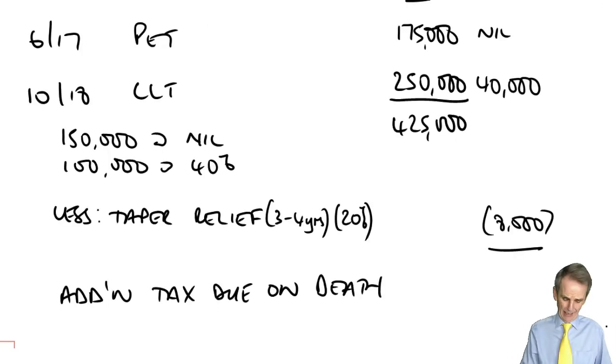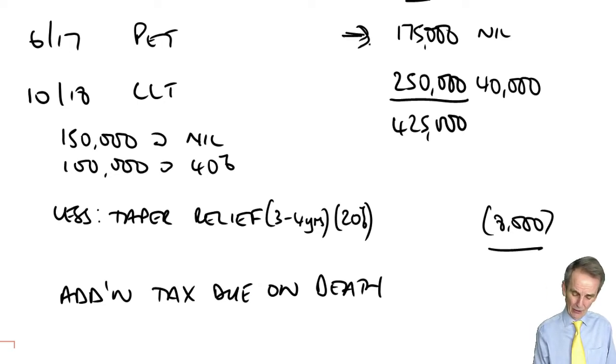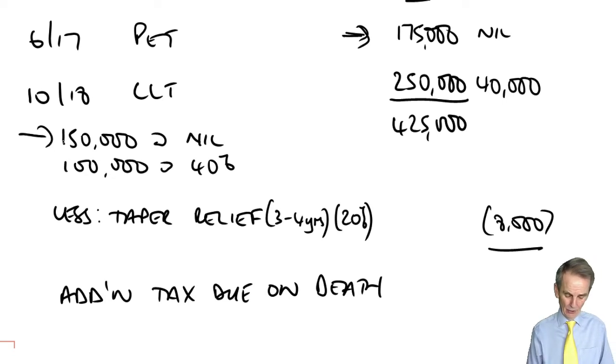Okay, let's see what we're looking at here, therefore. Now, we knew that the 250,000, using our cumulative figure of 175, the only transfer made within the 7 years before death that existed before the October 18 CLT, meant that with 175 on the clock, that left £150,000 worth of nil rate band available.